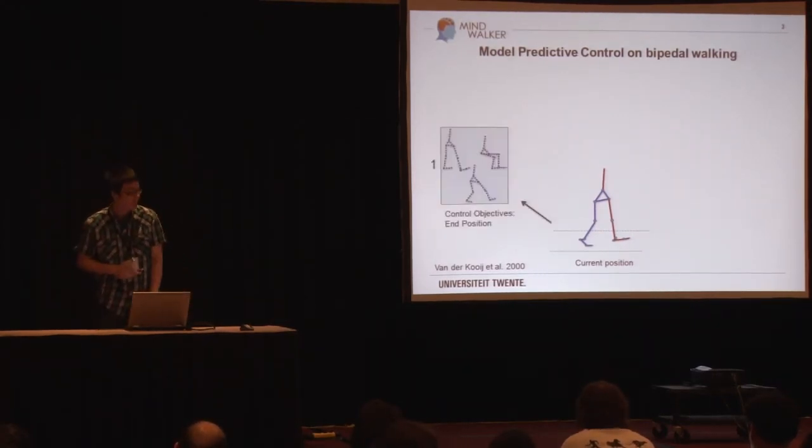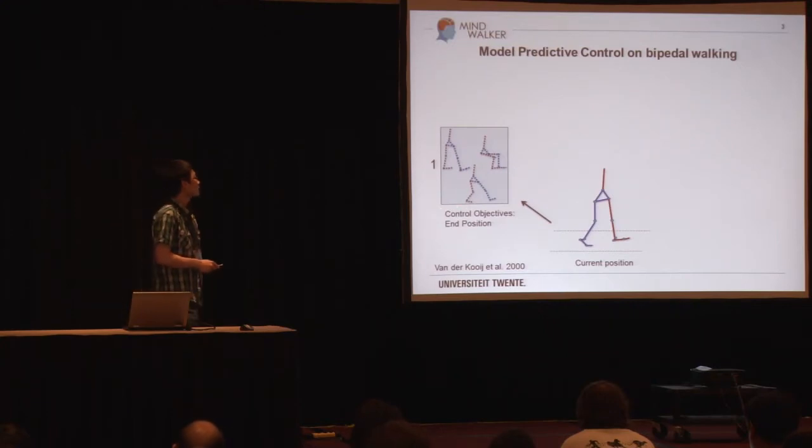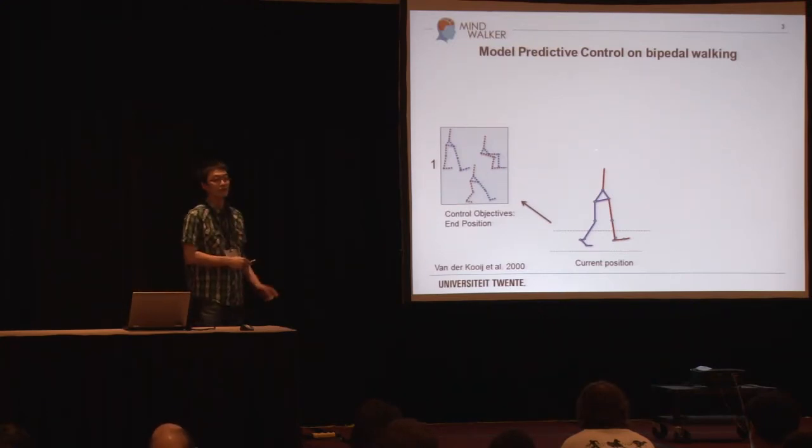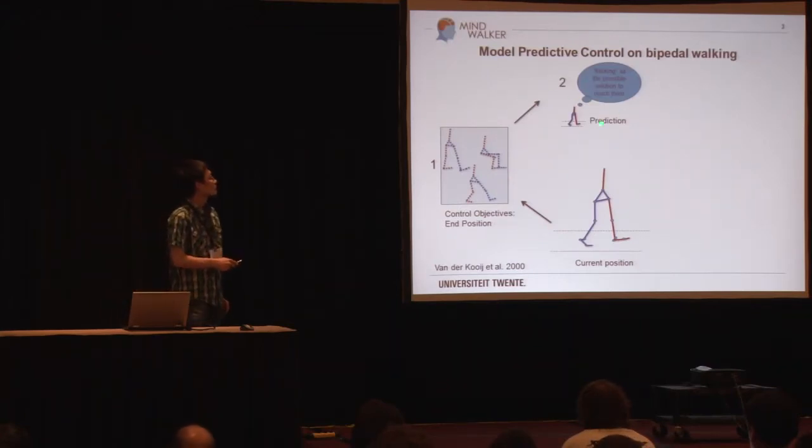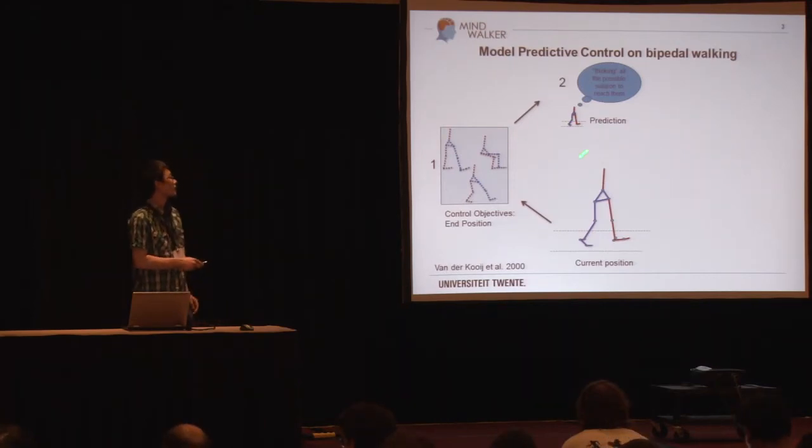How does it work? We have 3 steps. First, we define a control objective. Usually these are the end positions. If you want to make a step, then you specify the end position of the foot. If you want to sit, then you specify the end posture of the robot. Then we use a forward model to simulate all the possible solutions, and we form errors between the current and future positions and the end positions.